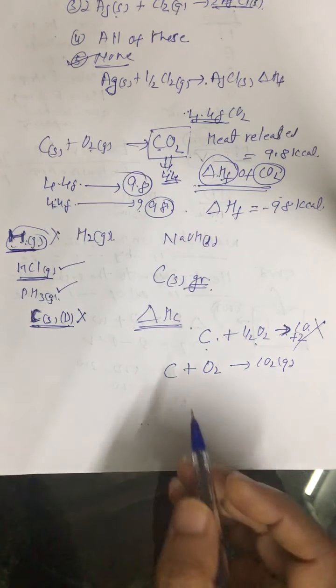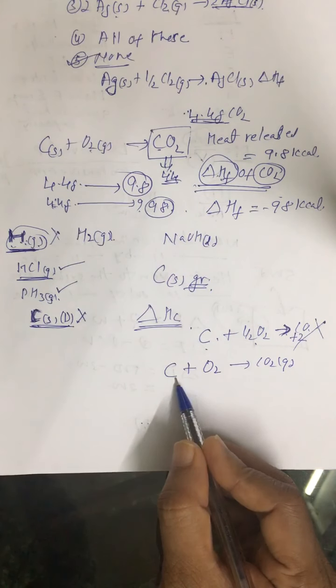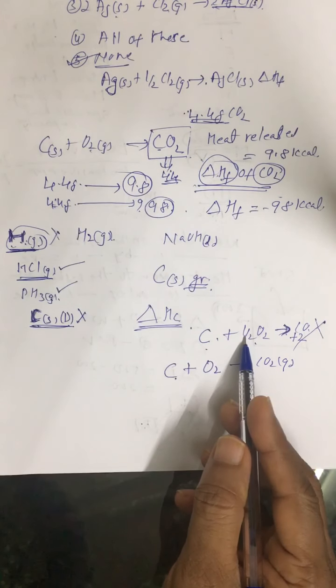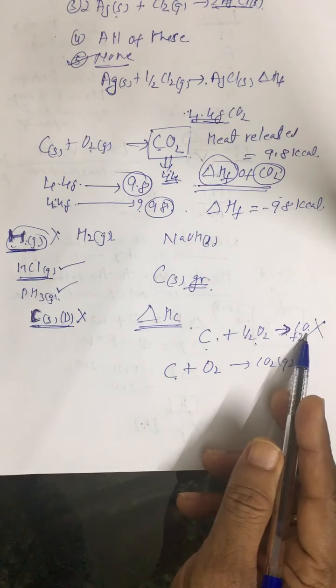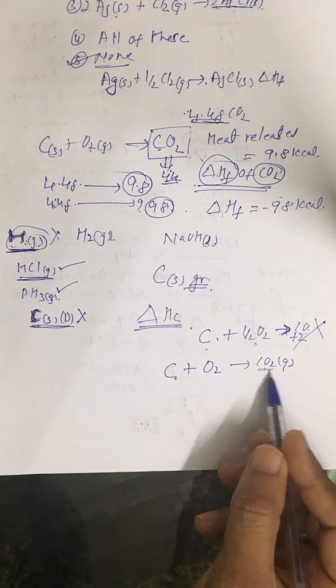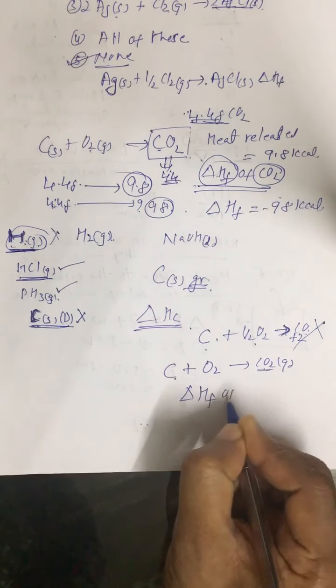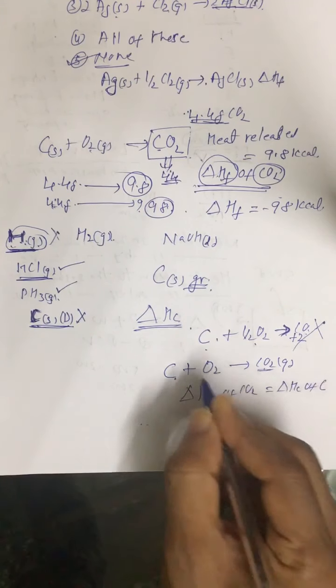Here it cannot be called heat of combustion of carbon; it can be called heat of formation of CO. Be careful here: delta HF of CO2 is equal to delta Hc of carbon. Both are the same.